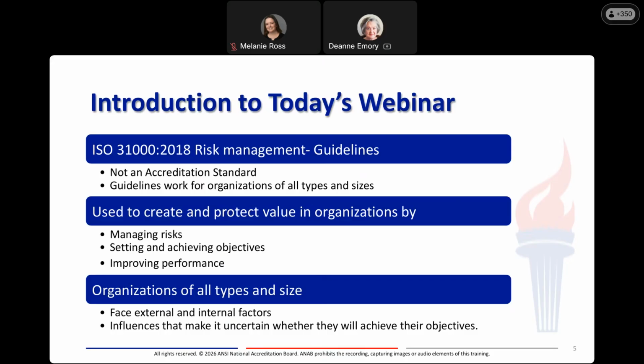Risk management is also there to assist organizations in minimizing or mitigating those risks. You need to look at your management system or management systems and standards that you are accredited or certified to in order to make a decision on how you will implement your risk-based thinking requirements. What we're going to discuss today are guidelines.